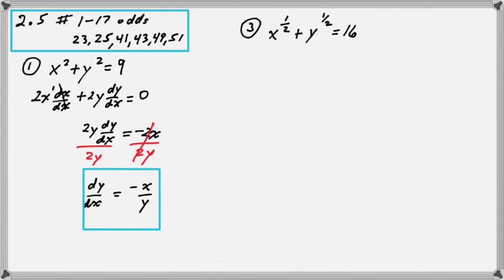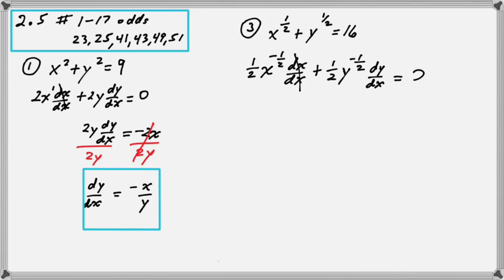Now number 3, I would do power base, one less power, derivative of base. Because it's an x, you put dx/dx. Power base, one less power, because it's a y, you put dy/dx. And the derivative of a constant is 0.